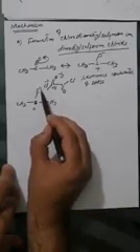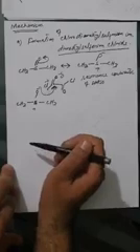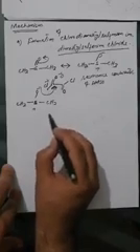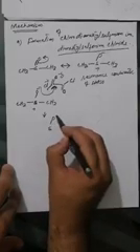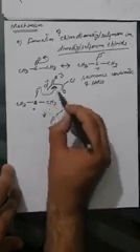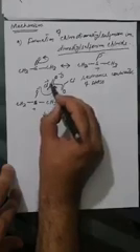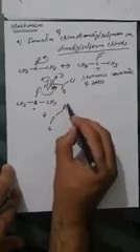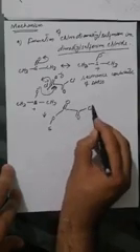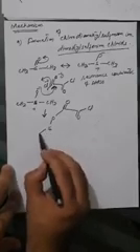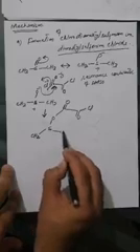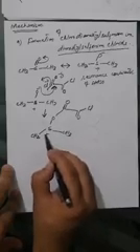So this oxygen attacks on this electrophilic center, and when it attacks here, what happens? Then this chloride leaves, so you get this compound.